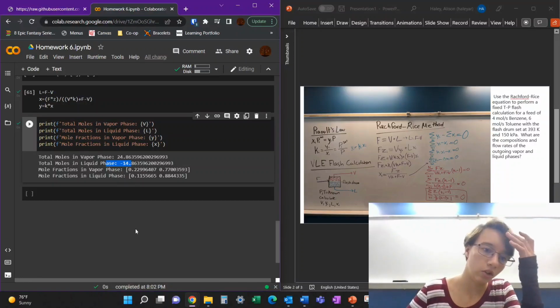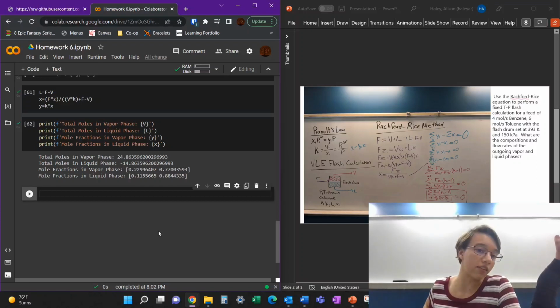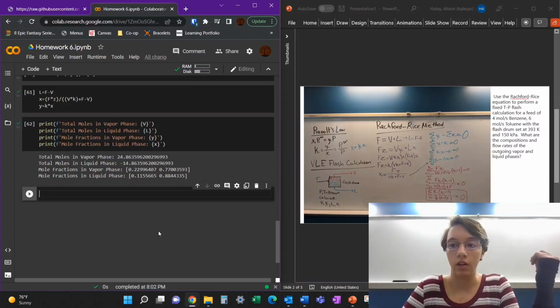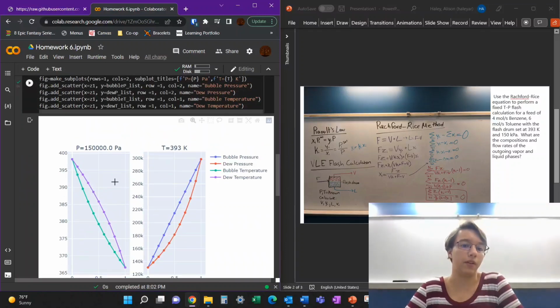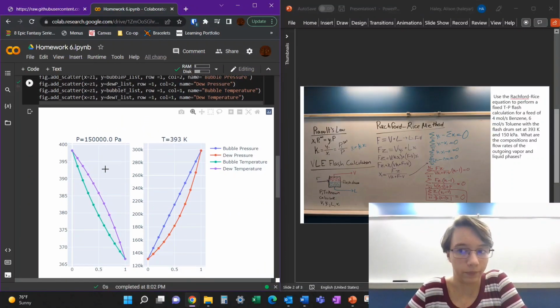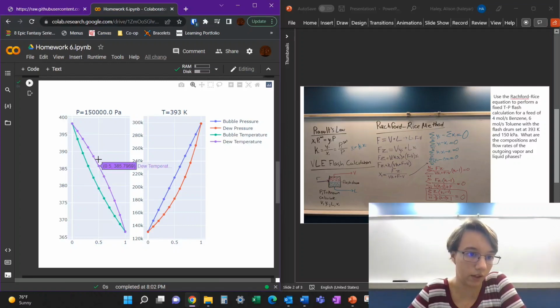And so what that means is that this calculation isn't really valid at this temperature and pressure. And we can see that with our plots up here that we made before. So we have our pressure at 150,000 pascals that we know, and we're at 0.4 moles, so that's here-ish. And we're at a temperature of 393 Kelvin. So if you go up to that temperature, that's like up here.